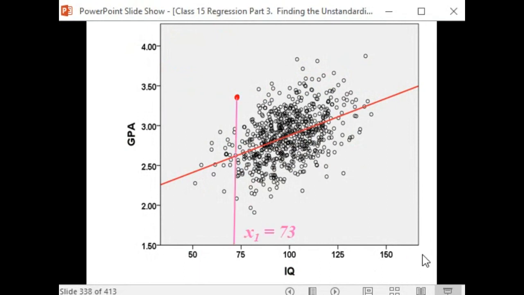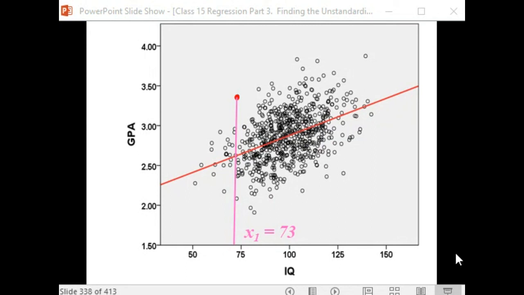If we draw a vertical line, we can see that the IQ of individual 1 is 73. The symbol X with the subscript of 1 indicates the score of individual 1 on X.